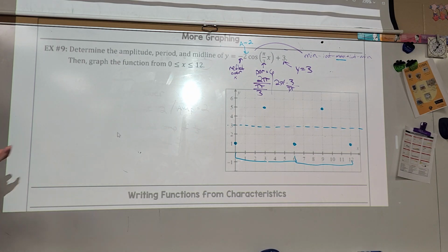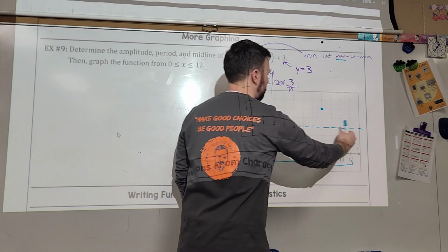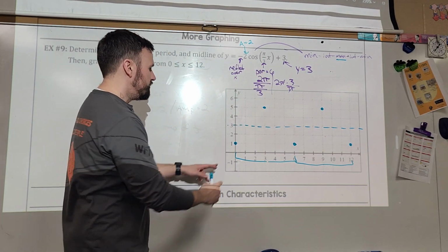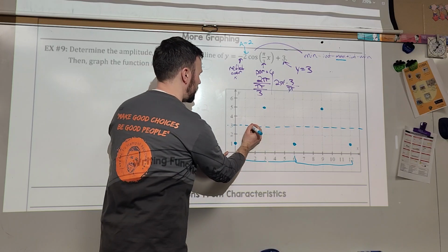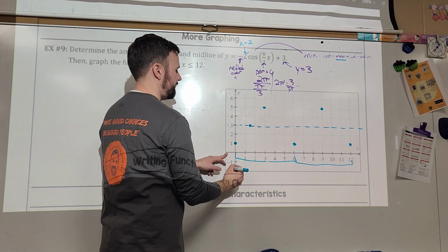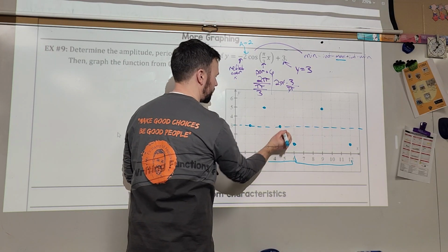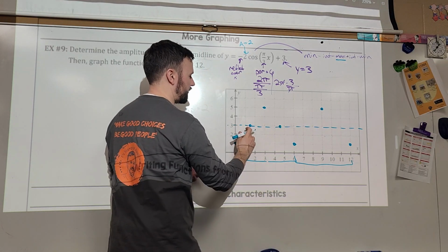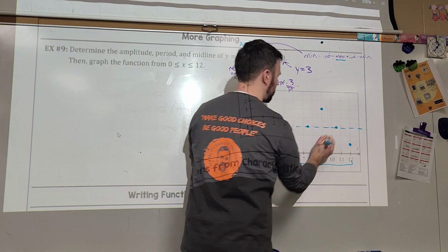That's it, right? Do I want these intercepts as well? Yeah, you do. What's halfway in between 0 and 3? 1.5. What's halfway between 3 and 6 then? Another 1.5. And from here, I just repeat the pattern.